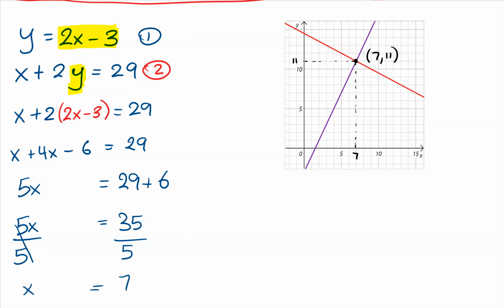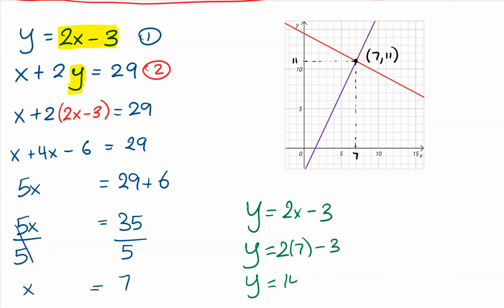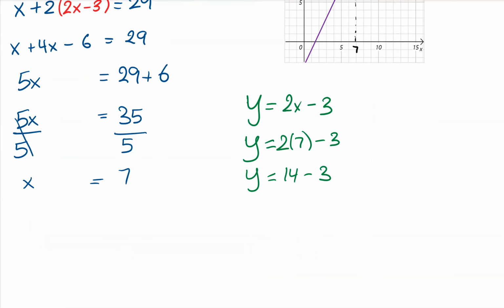Now I want to find the y coordinates. I can either substitute the x into any of the two equations. I'll actually substitute this x into equation 1 because it's already rearranged in that way. So y equals 2x minus 3. Y equals 2 times 7 minus 3. Y equals 14 minus 3.